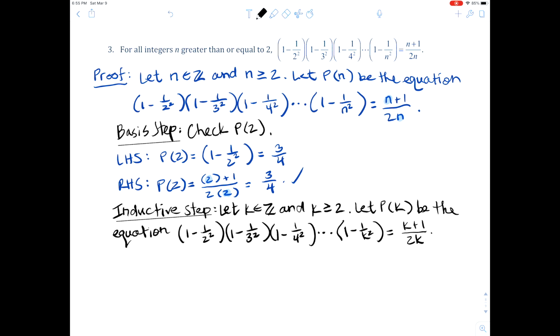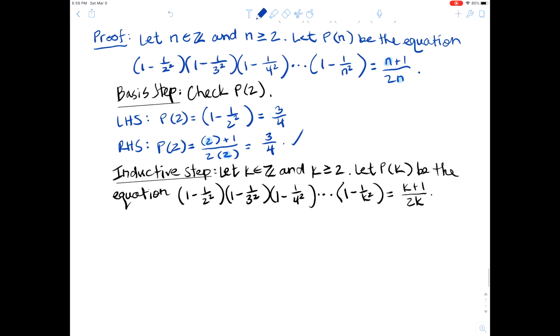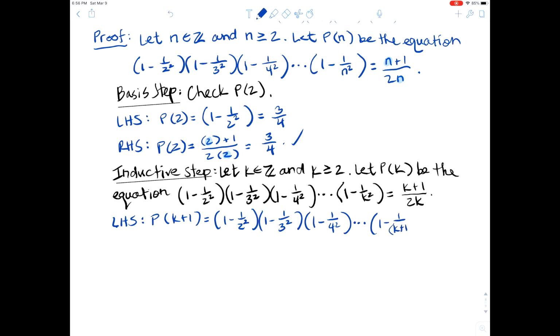All right, so now let's check it out. Our left-hand side, P(k plus 1), is equal to (1 minus 1 over 2 squared) times (1 minus 1 over 3 squared) times (1 minus 1 over 4 squared) times (1 minus 1 over (k plus 1) squared).